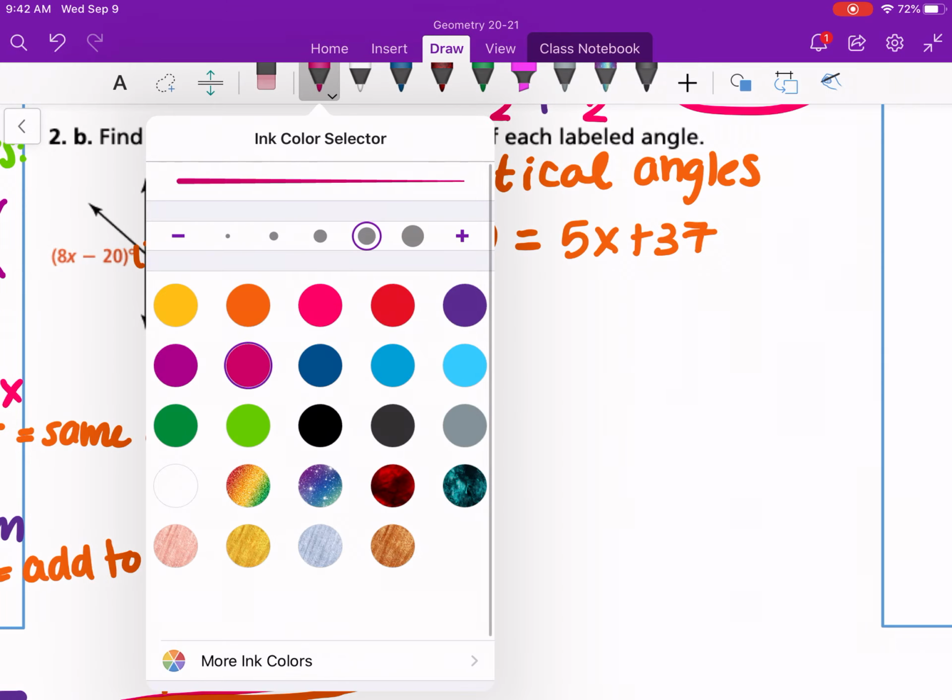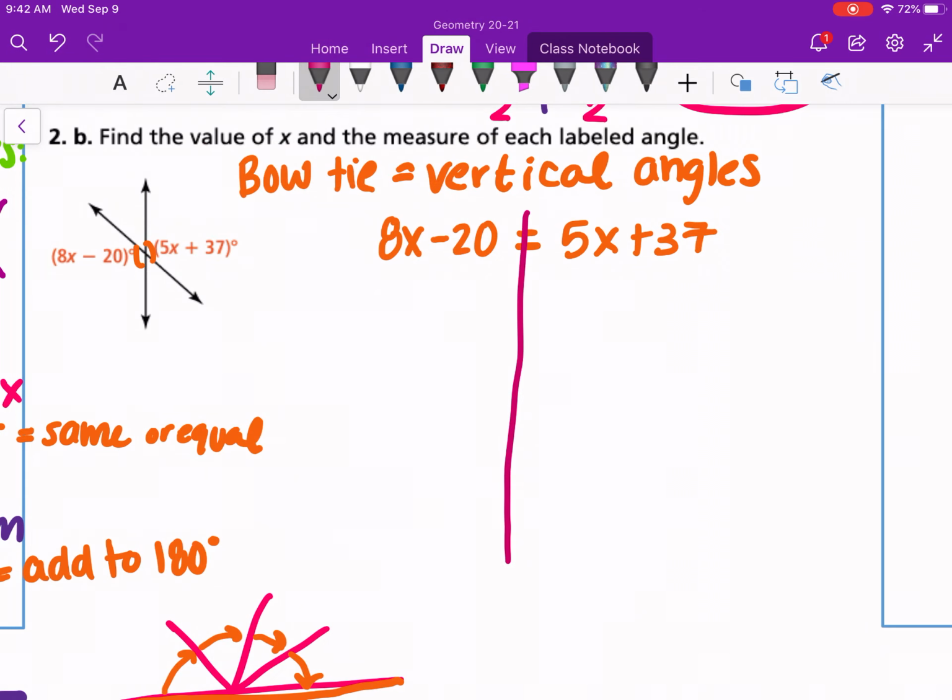Remember, I'm a big line-down-the-middle person. I like to get rid of the plain numbers first, and I always move my plain numbers to the right. So I'm going to undo minus 20 by adding 20. Then I have 8x equals 5x plus 57.